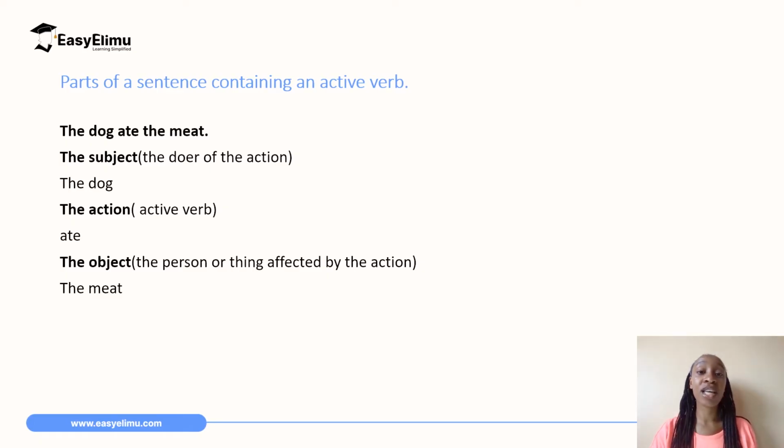So we have said the dog is our subject, ate is our verb, the meat is the object. It has been affected by the action that has been performed by the subject. So I hope that is clear and those definitions are clear.